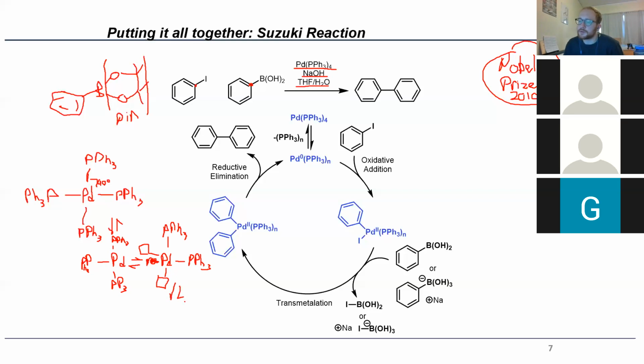This can also undergo another equilibrium to lose another triphenylphosphine ligand. There are some Suzuki processes where it has been shown that this monoligated palladium species is the active catalyst.